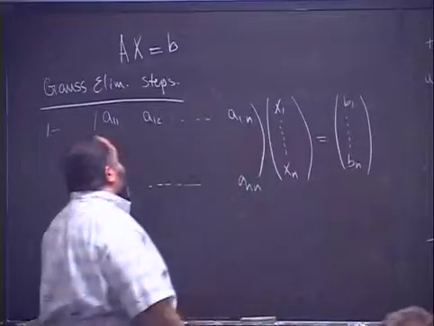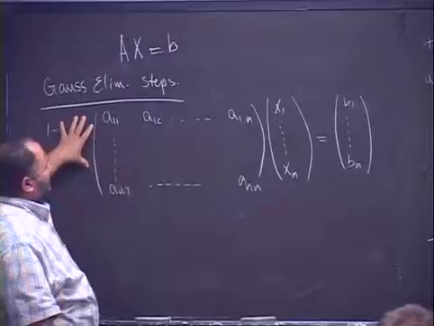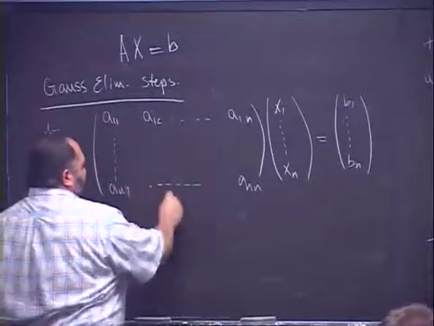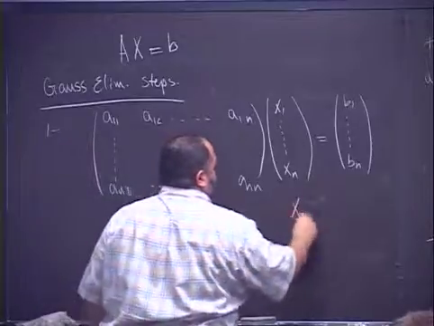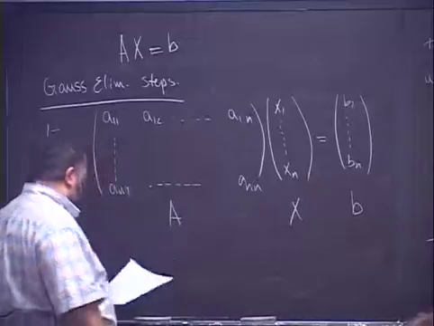So we build the system of linear algebraic equations. This is the matrix A, this is the vector X, and this is the vector B. AX equal to B.